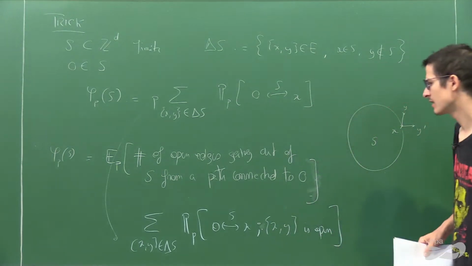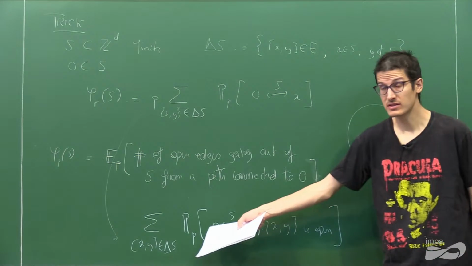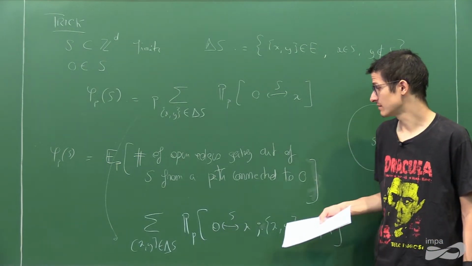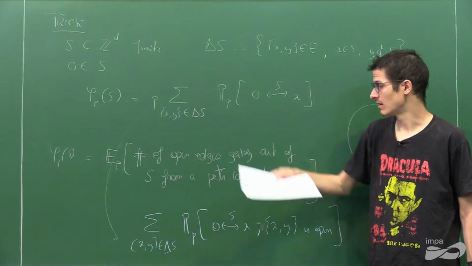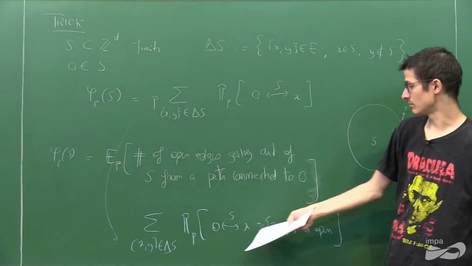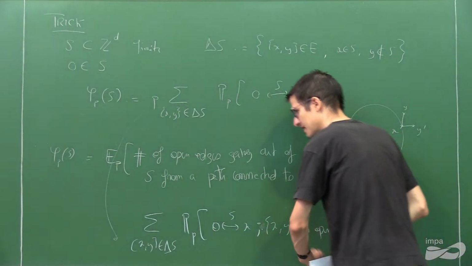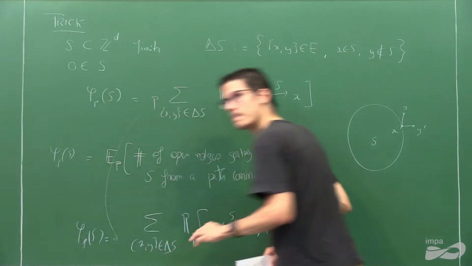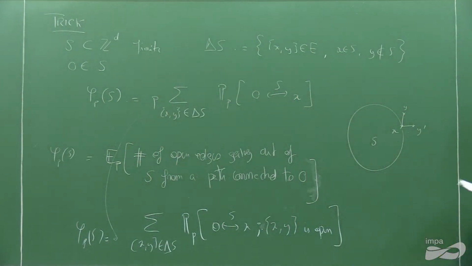This event doesn't see the edges in ∂S, so these two things are independent. So you just get a p out when you compute this probability. So φ_p(S) is also equal to this.